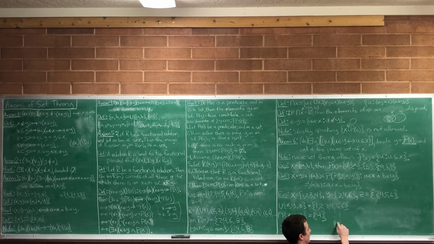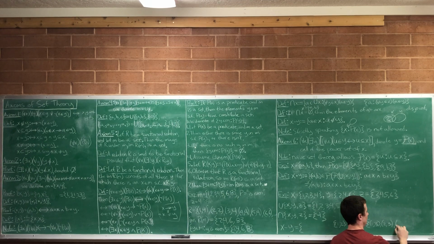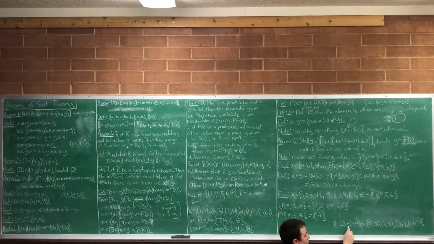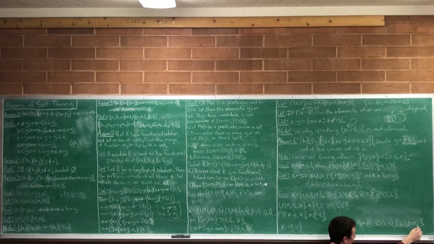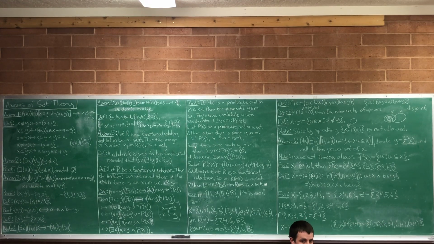If I want to do the set {1, 2} crossed with the set {3, 4}, this is equal to the set {(1, 3), (2, 3), (1, 4), (2, 4)}. The Cartesian product of two sets gives me all the ordered pairs I can make where my first element comes from the first set and my second element comes from the second set.